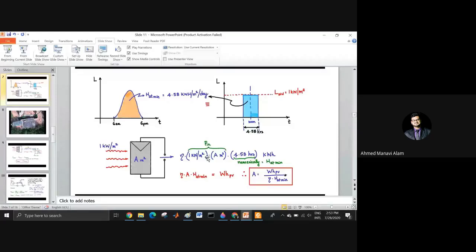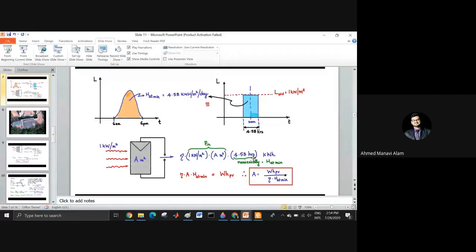And in order to find the WHPV, the amount of power I'm getting from the PV, I have to multiply that input power by time. We know how many hours we need to operate this PV cell: 4.58 hours numerically, this is my time.